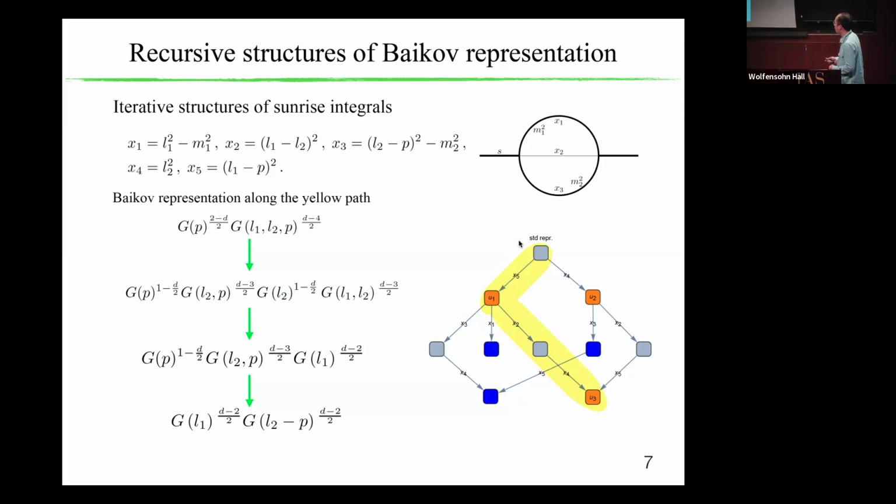With this, it just means we integrate out x5, and here is the Baikov representation for the top sector. We can also integrate out x4 and get the other representation. And we can continue these steps and we'll get all of the Baikov representations along this path.